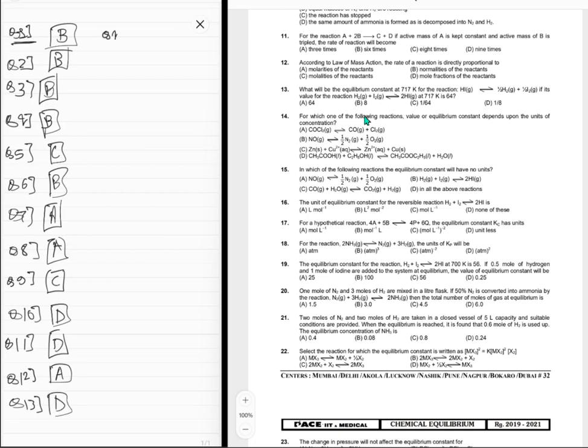Question number 14. For which one of the following reactions does the value of equilibrium constant depend upon the units of concentration? Okay, for the first one, it actually does depend on the unit of concentration, because changing the unit will change the whole scenario.